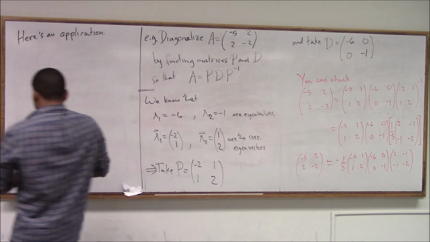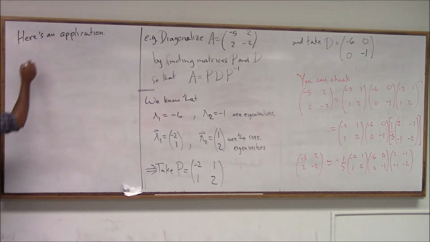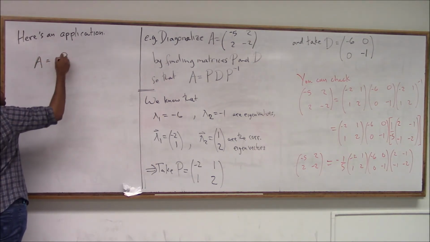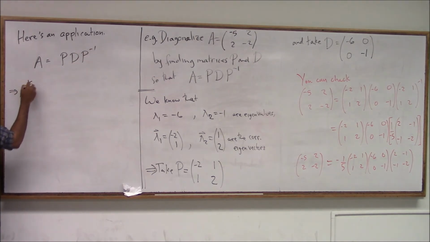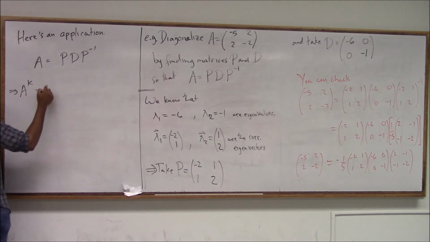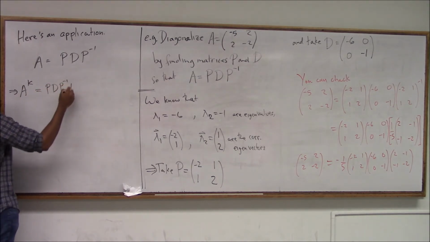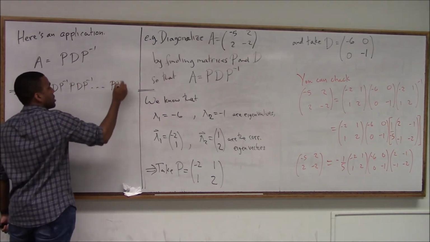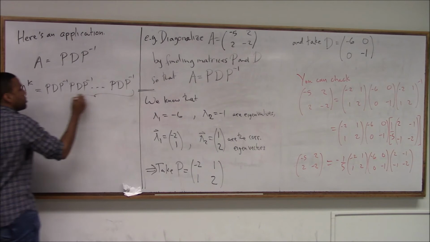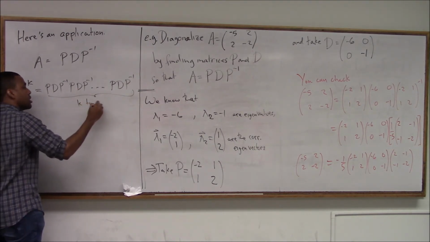But let's say my A, I can write A as P D P inverse. Then it means if I take A to the kth power, where k is some positive integer, what that means is I'm multiplying this guy by itself k times. What's going to happen?